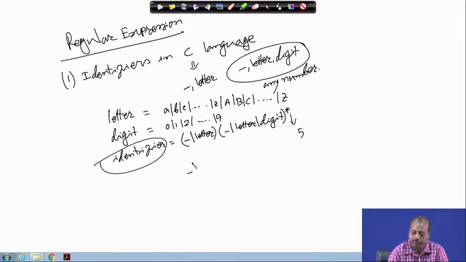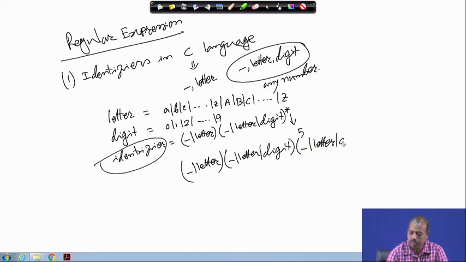You have to write the first underscore or letter, and then you have to write explicitly underscore, letter, digit, then again underscore, letter, digit. You have to go on doing like this for 5 times.